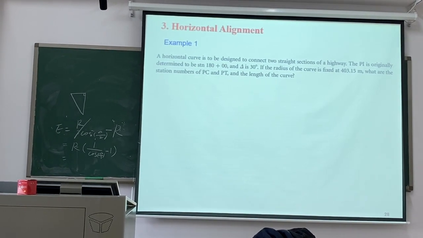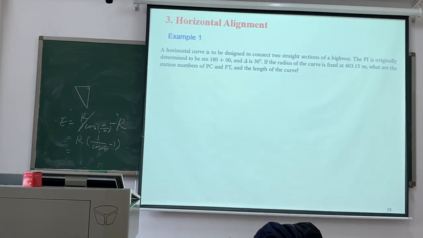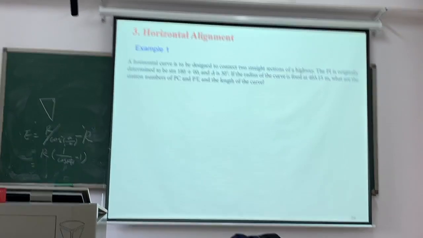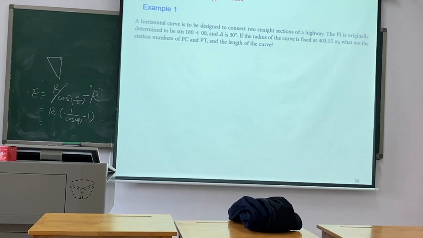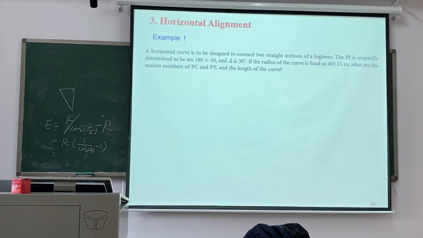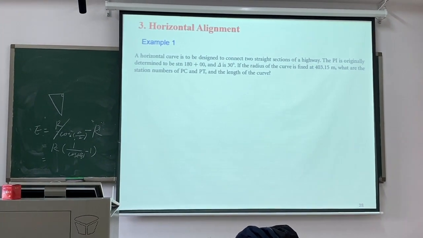T is equal to R tan of delta over 2, so it is equal to R, the radius. Stop the video and answer the question.